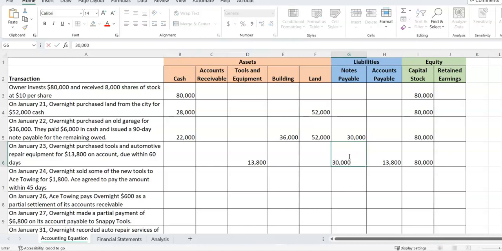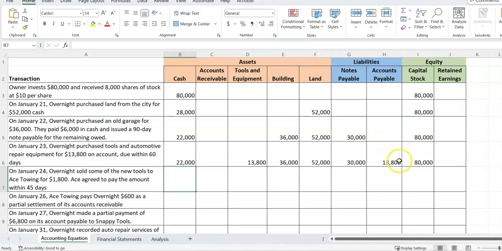Other accounts have gone unchanged right now. So we increased our assets $13,800 and we increased liabilities $13,800. Our accounting equation is still true.